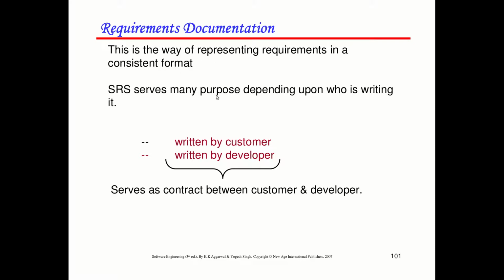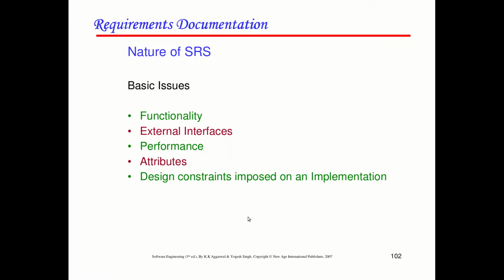This will be serving many purposes depending upon who is writing it. It will be written by the customer, it will be written by the developer, and this SRS will be serving as a contract or an agreement between the customer and developer.